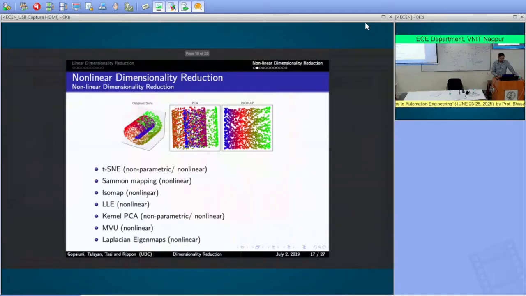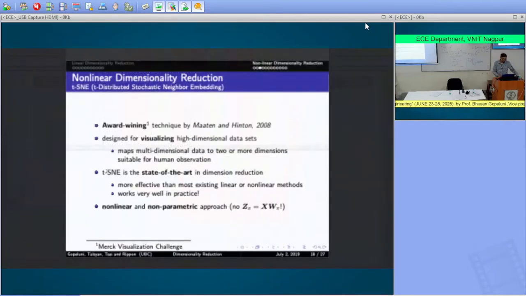There are lots of different nonlinear dimensionality reduction tools: t-SNE, Sammon mapping, Isomap, LLE, kernel PCA, Laplacian eigenmaps, etc. There are quite a wide range of these. There's also another new method called UMAP. We found that those methods work really well when you need nonlinear boundaries to separate your data.